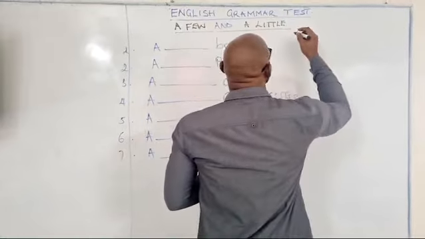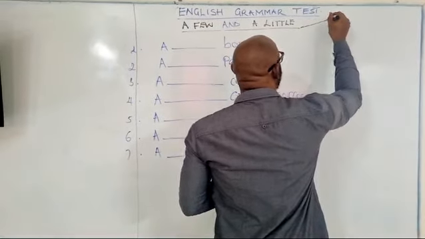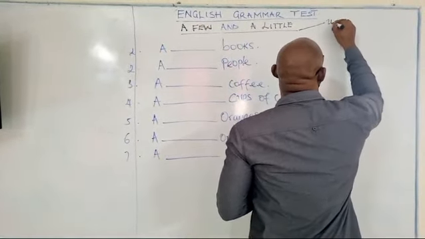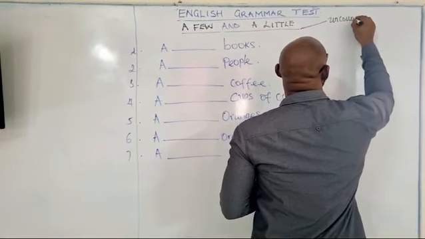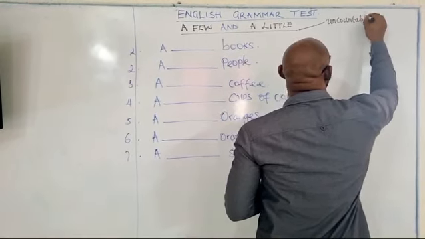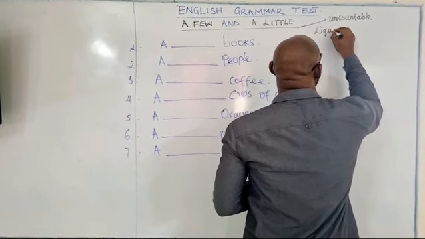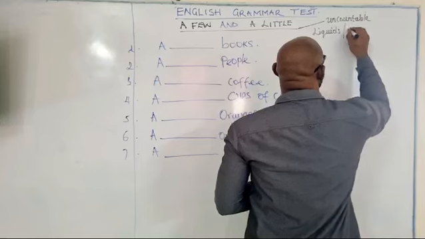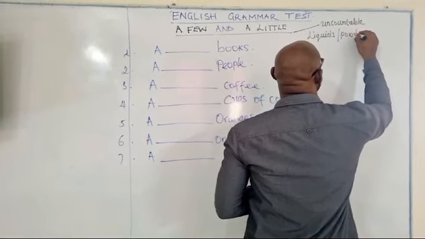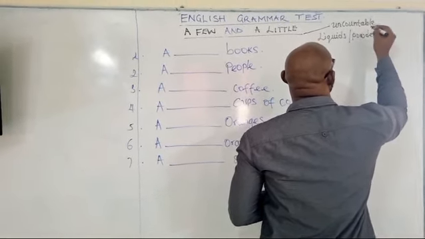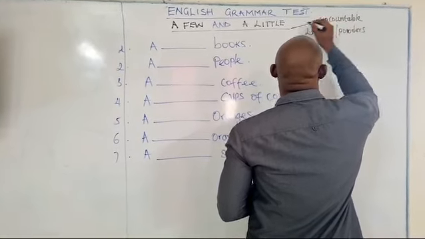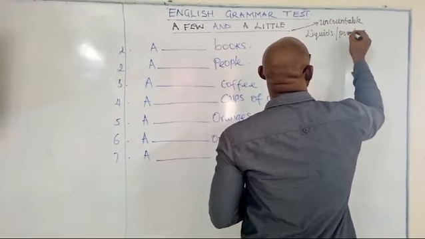Now when we go to "a little," here we're referring to uncountable nouns, specifically liquids and powders. Liquids and powders. Uncountable nouns when we talk about "a little."